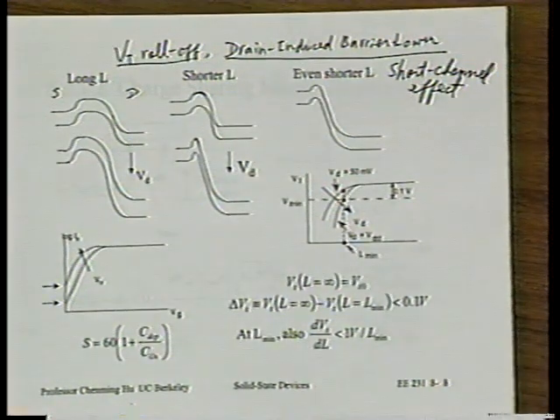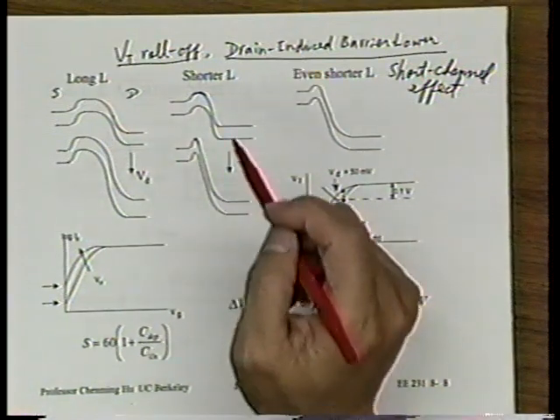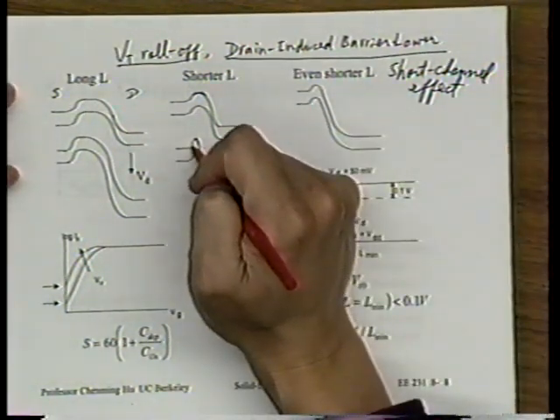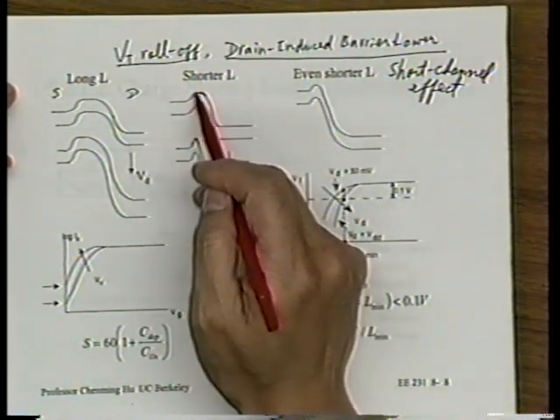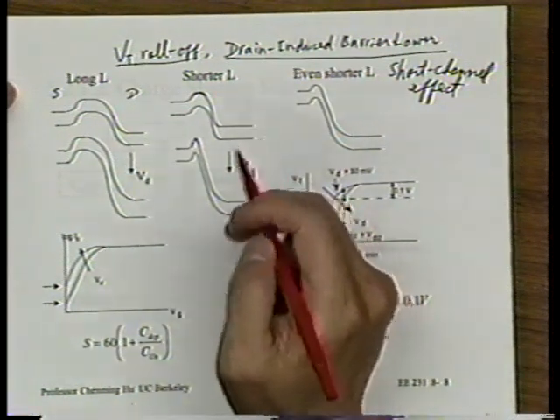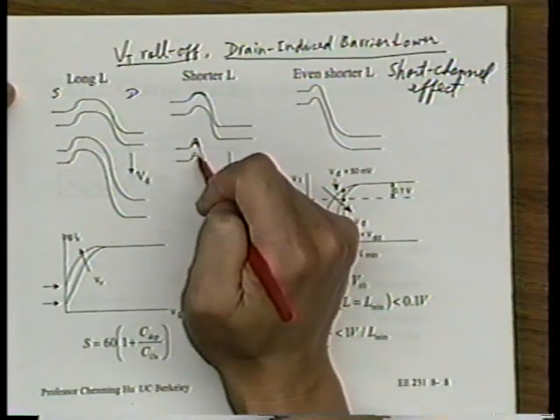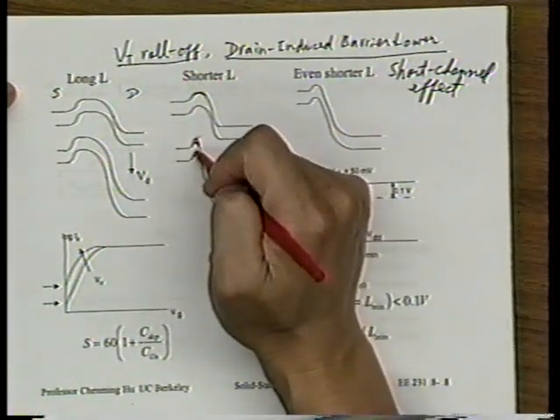So in this intermediate case, perhaps the barrier is not affected by VD, but it may still be affected if VD is large enough. If we keep increasing VD, at some point the barrier will be smaller than what I drew in the black line.